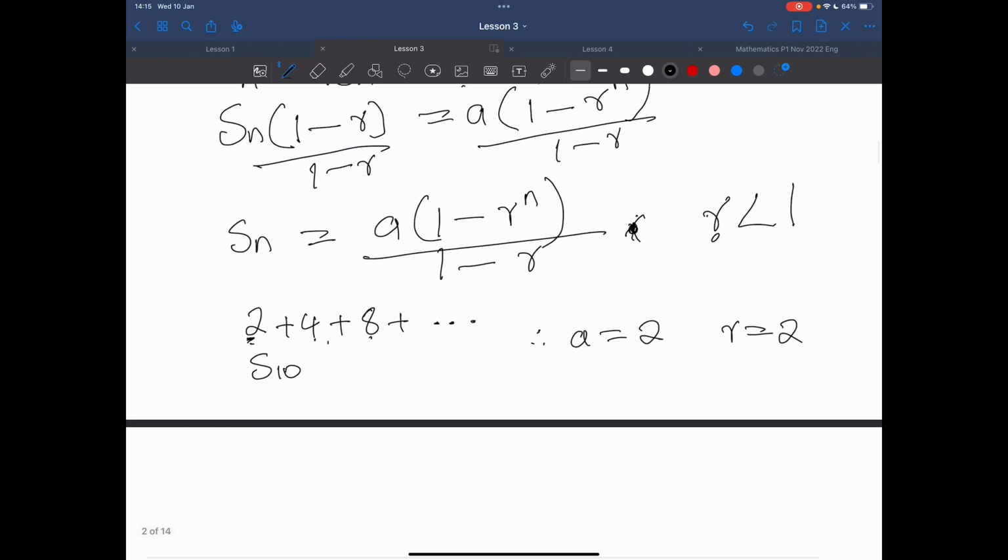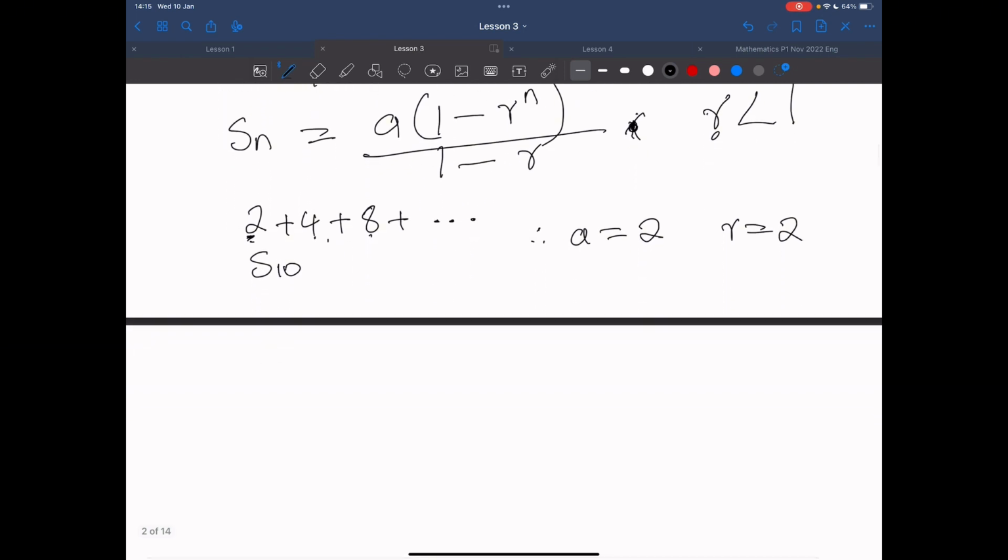So we can use any of the formulas above. But then we said we will prefer to use a into r exponent n minus 1 over r minus 1 because r is more than 1. But even if we use the other one, it will still give us the answer that we need.